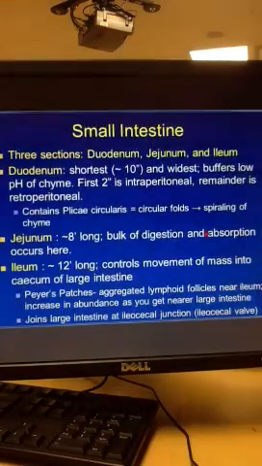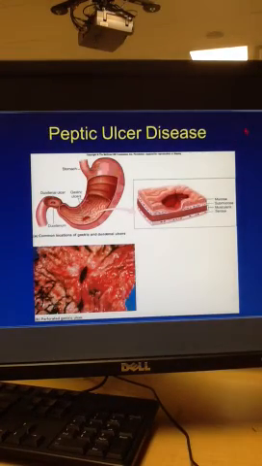I don't have a picture of that. It's a long worm-like bacterium that, once it's introduced into the stomach, gets underneath the mucosal layer, breaks it down, and allows the gastric juices to eat away at the stomach lining. You can see this is an actual picture right here of a gastric ulcer. Here's another one right here.